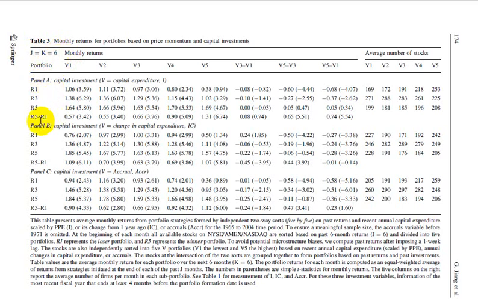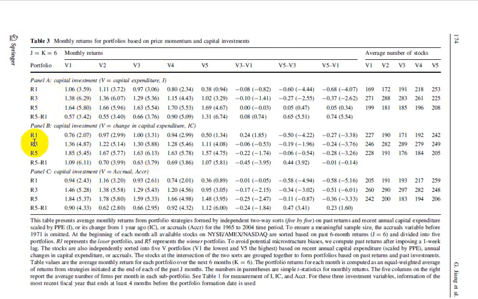The different panels here have the different calculations for capital expenditure. So here's the capital expenditure scaled by capital assets, then we have the change in that capital expenditure, and then the change in accruals.